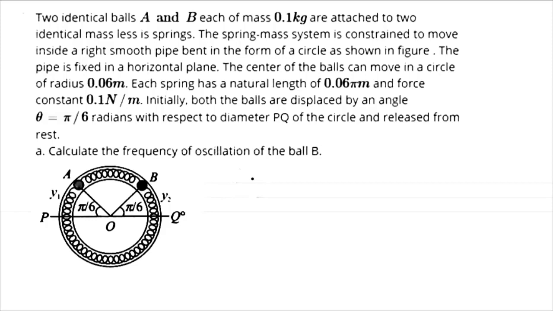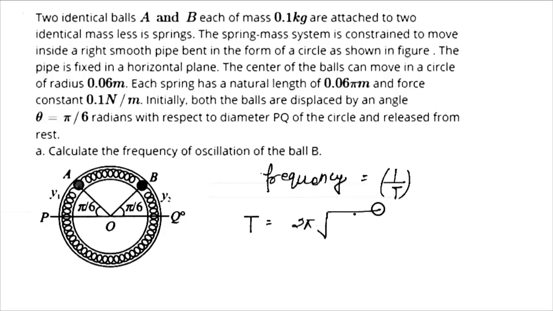Since we know that frequency is equal to 1 by time period, firstly we have to find the value of the time period. The time period is equal to 2 pi root under mu by k effective, and this question is solved with the help of the reduced mass. The mass is not actually m, the value is mu.